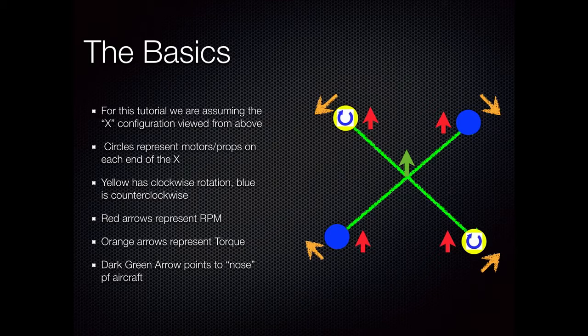The yellow arrows at the end of each spoke represent the direction that the torque that's produced by that motor is trying to push the quad rotor or the quadcopter. The red arrows out at the end of each arrow indicate thrust or RPMs, either way you want to look at it. The more RPMs you have, the higher the thrust.